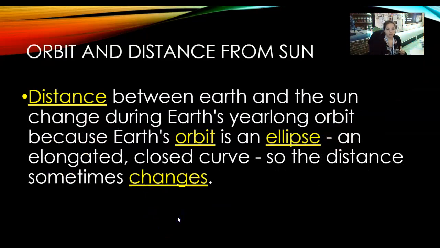Okay, so the distance between the Earth and the sun changes throughout the year, right? Because it's an ellipse, an elongated closed curve. So the distance sometimes changes. One of the things I asked was, when do you think we're closest to the sun? Usually people say we're closest in the summer because it's so hot. Actually, it's the exact opposite. When it is winter, we're closest to the sun. But the thing is, we're tilted.